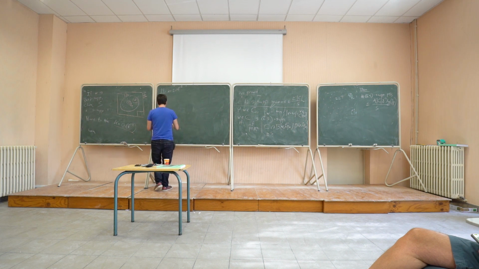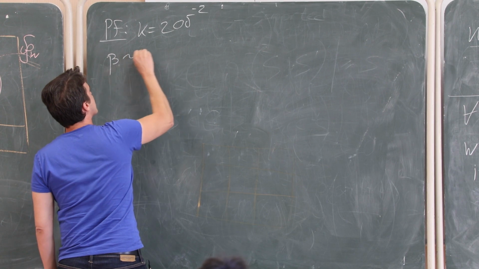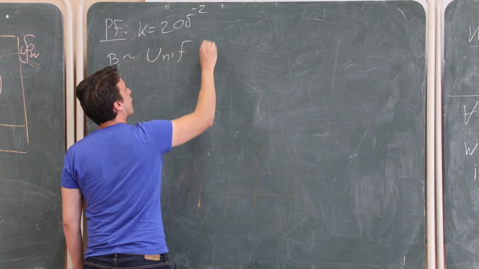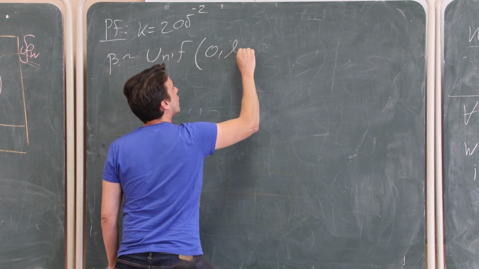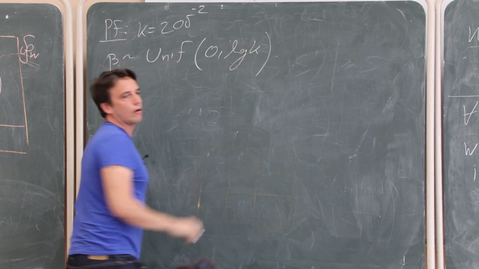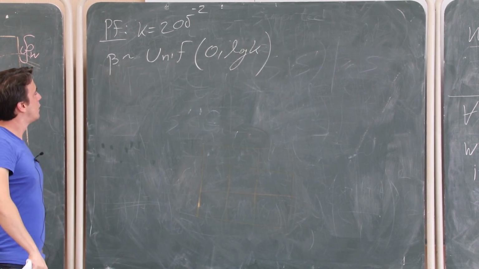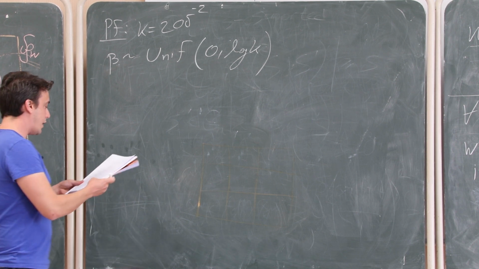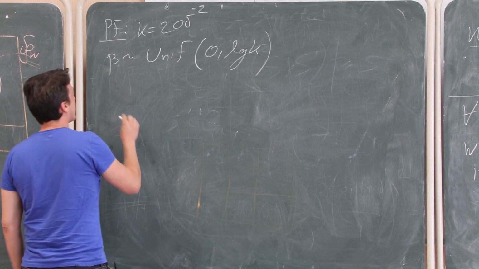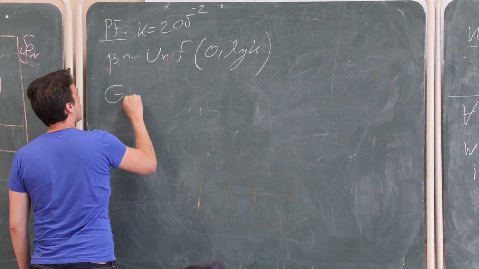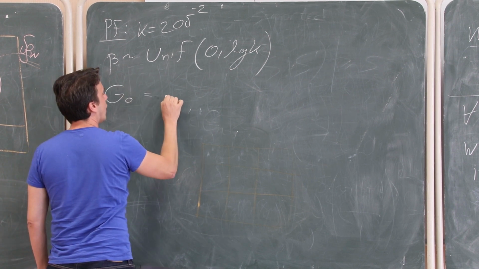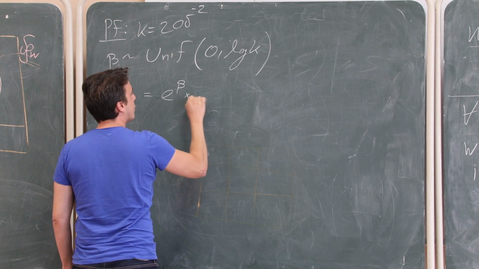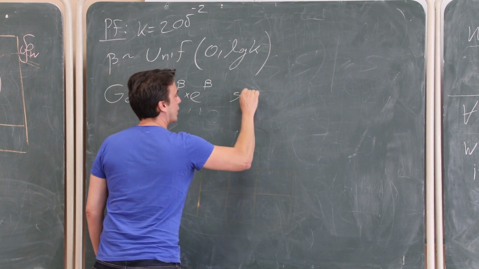Okay, so I choose beta, which is a uniform random variable between 0 and log k, log on the basis of e. This is just a uniform random variable, and I look at g0, which is going to be the e to the beta by e to the beta square tiling.